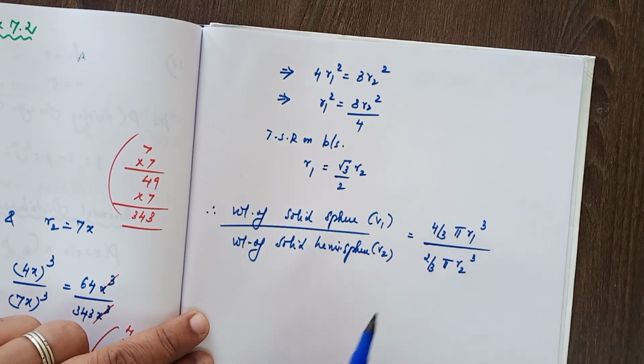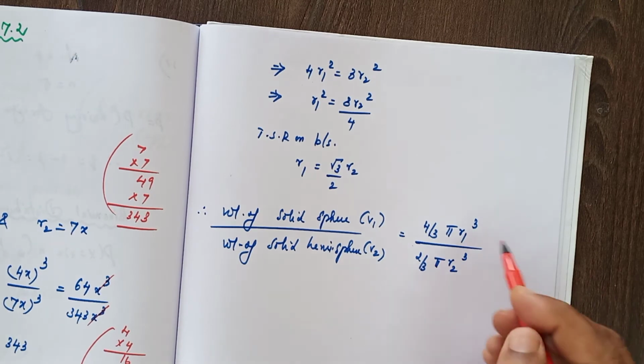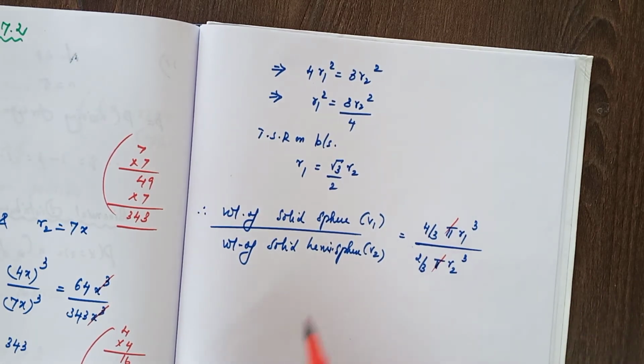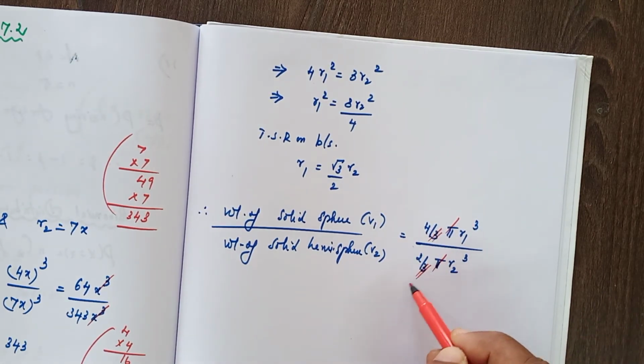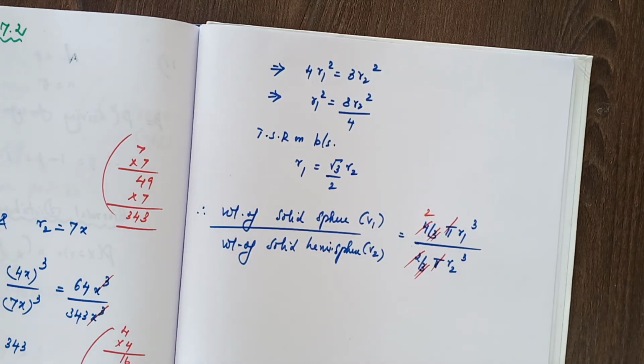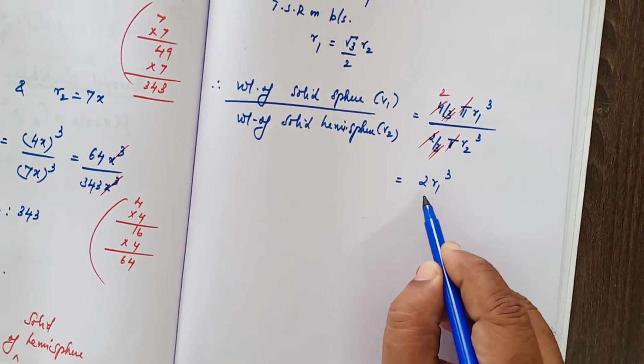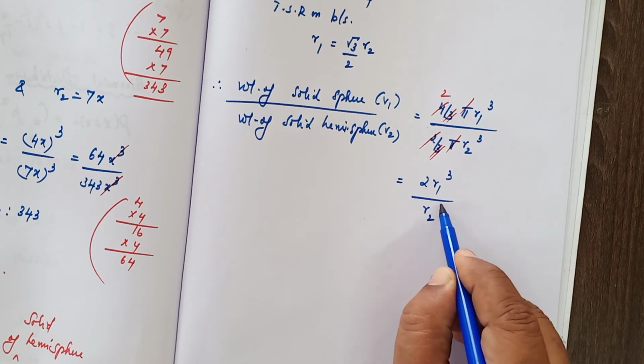Okay. Now we can simplify. Pi gets cancelled, even 3 gets cancelled, 2 twos are 2 times. So that is equal to 2 r1 cube divided by r2 cube.